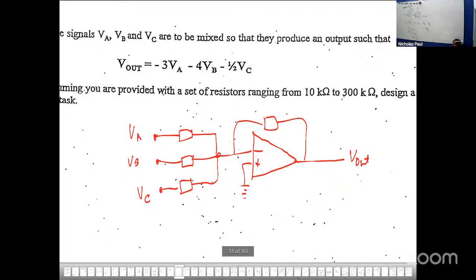Something divided by something giving you 3. What could give you 3? Give me two numbers between 10 and 300 that could give you 3. 300 divided by 100, yeah, that could work. But remember, you gotta get 4 using that value and so on.